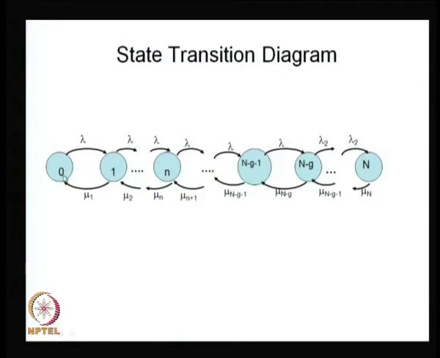Whenever the number of busy channels is 1, 2 and so on till n, either the call is completed or the call is handed off to the neighbor cell, and both are exponentially distributed with the parameters mu1 and mu2 respectively, and both are independent. Therefore, the rates are going to be mu1, mu2 and so on. Here is some notational problem.